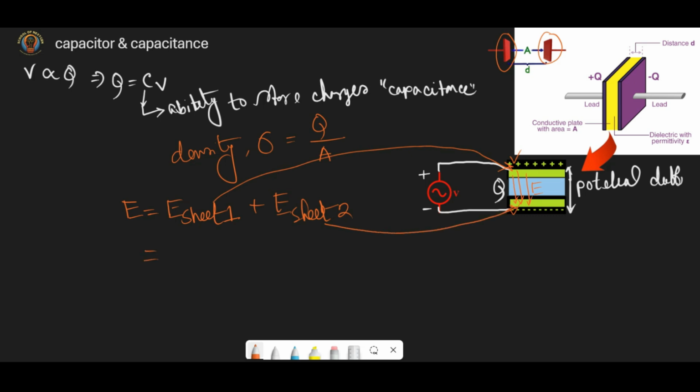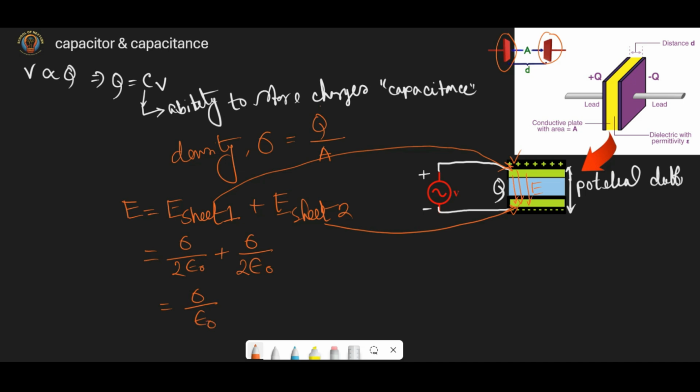So the value will be sigma over 2 epsilon naught plus sigma over 2 epsilon naught. So the final value of the total electric field will be sigma over epsilon naught.